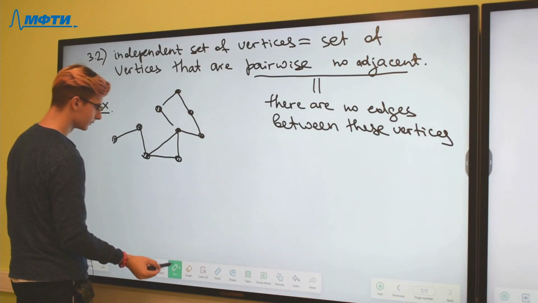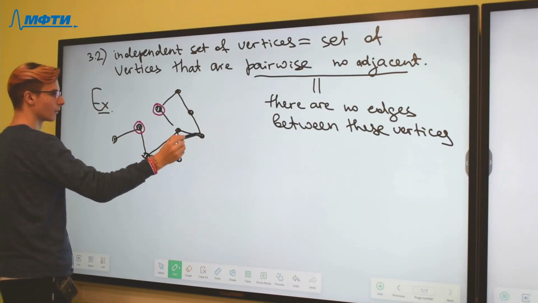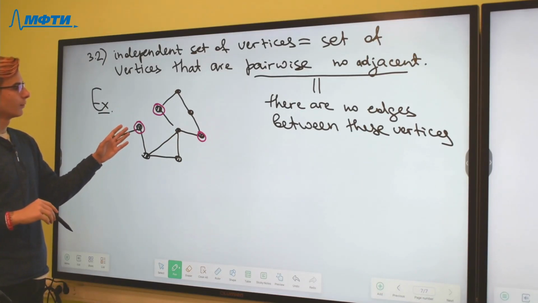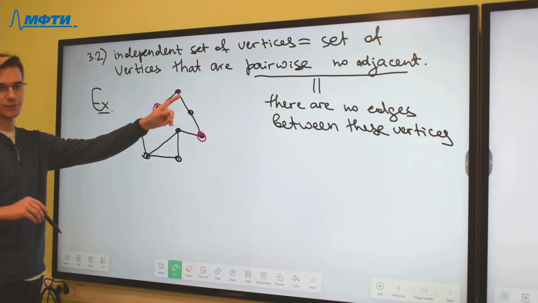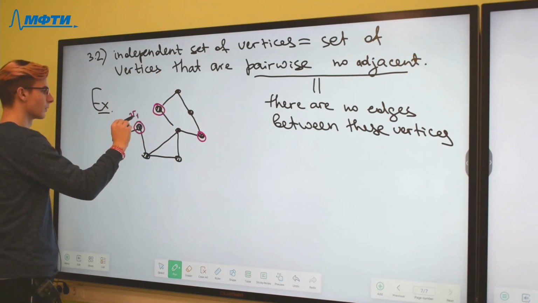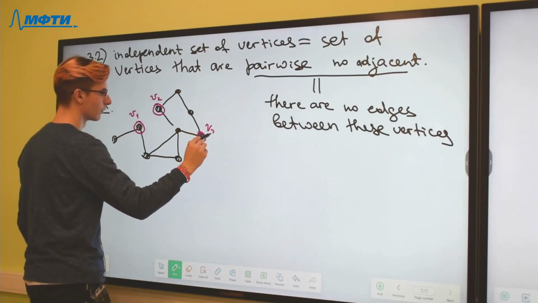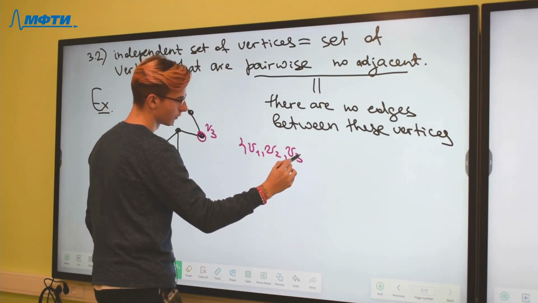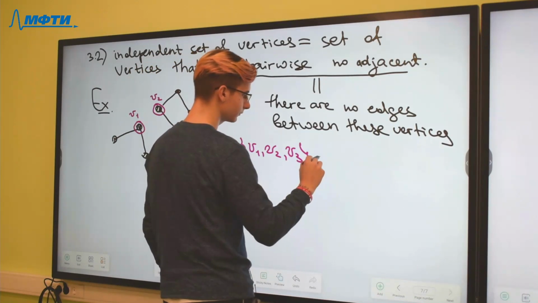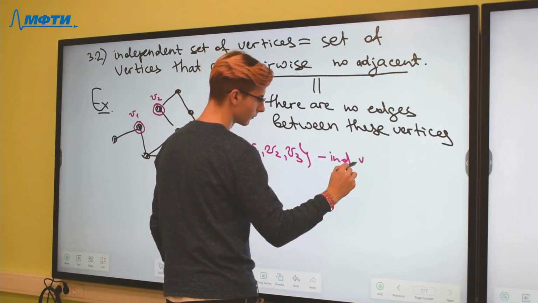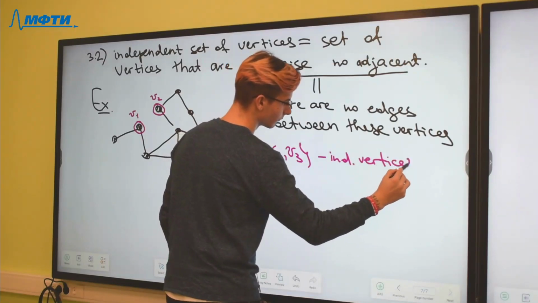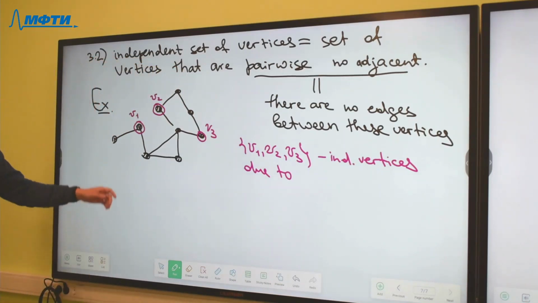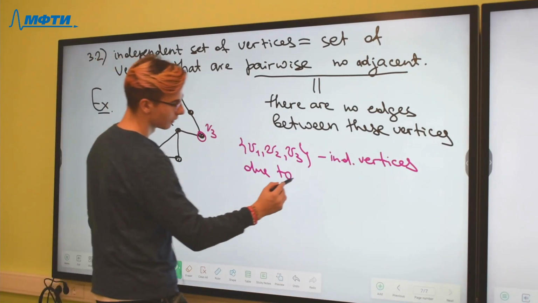I can draw an example. For example, these three vertices will be an independent set of vertices due to the absence of edges between them.